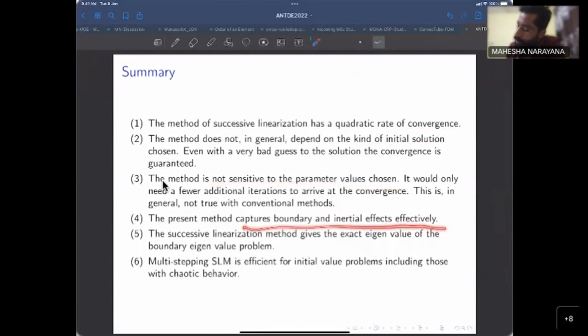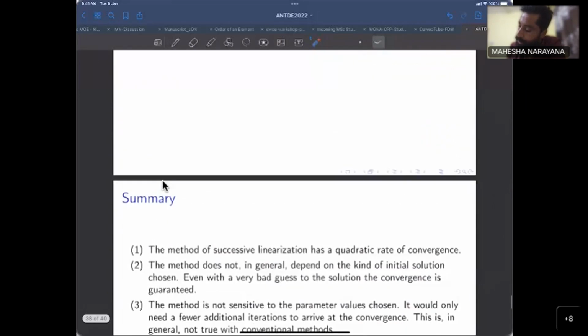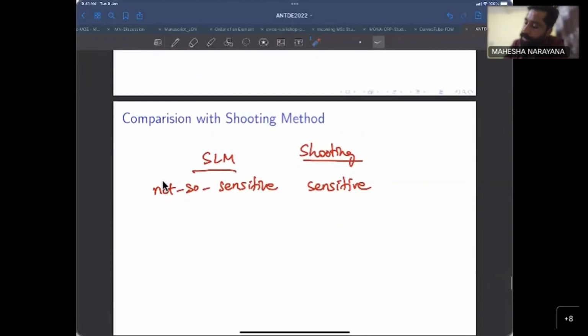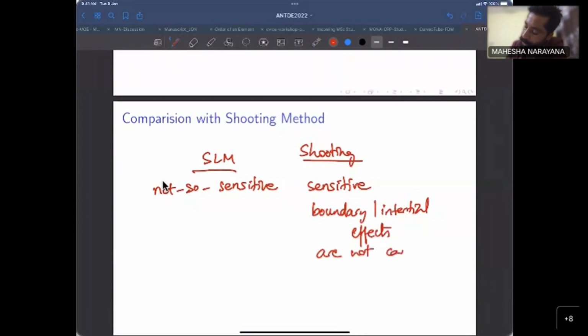Shooting doesn't do that. I mean, it's not capturing the boundary and initial effects that effectively. Initial effects are not captured properly, whereas here, SLM captures the same thing nicely, okay?